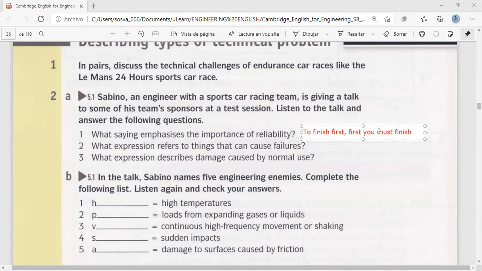In the racing team. Then the second question asks for the expression that refers to things that can cause failures. He mentioned engineered enemies, which can cause parts of the cars to fail.